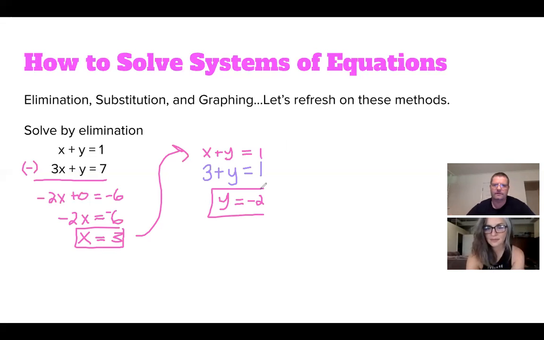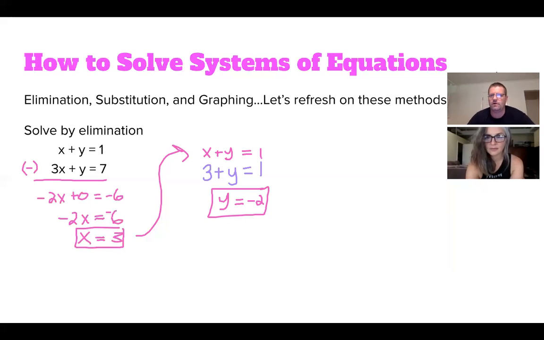I'm not going to do this every time, but I do want you to understand what we actually have. I have the solution now, and this is actually an ordered pair, (3, -2). And if I put that into the first equation, I'm going to get 3 plus a -2.